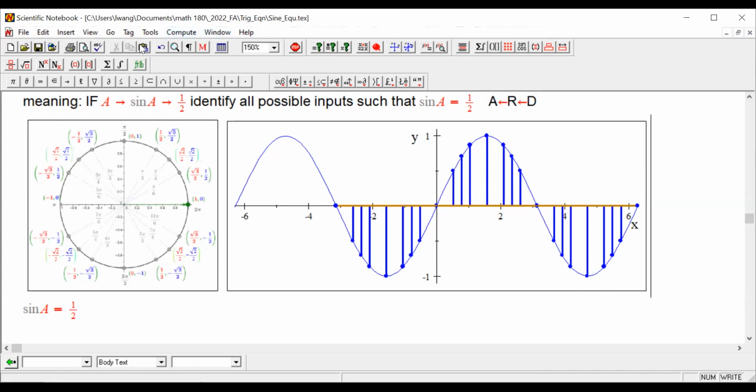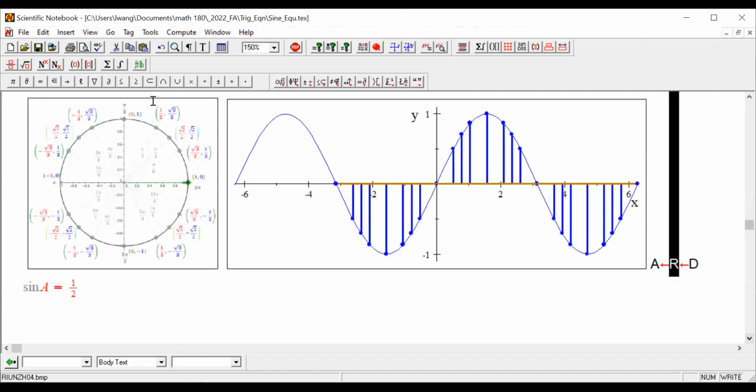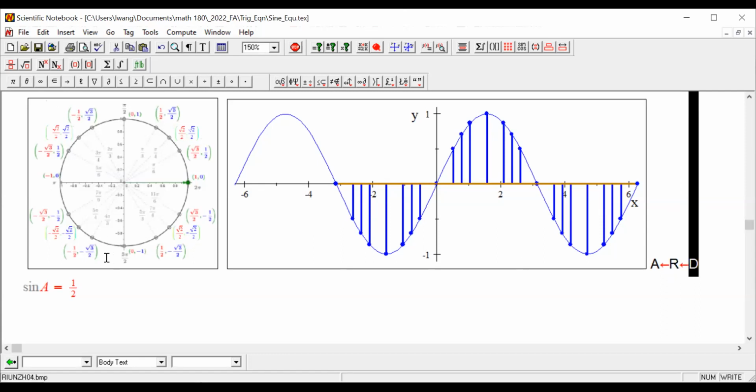DRA, because we know the D is half. D is half. R is the reference angle. So let me move down a little bit so I have enough space. From D, from half, we identified there are two terminals.